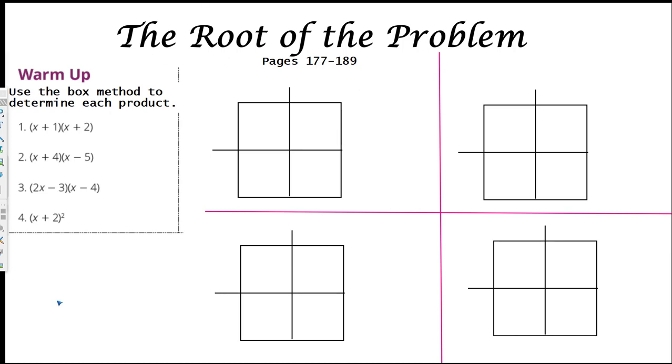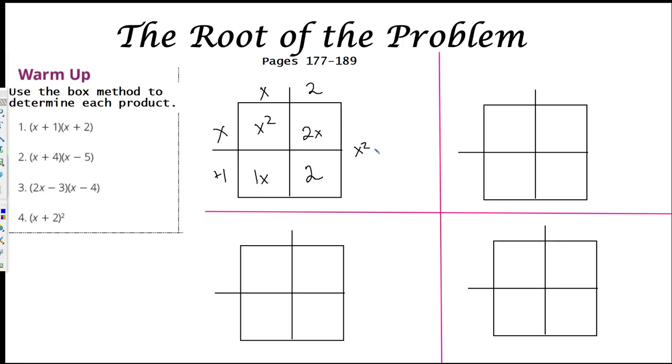And so when we're working our way in, on this first one, we have the x plus 1 and the x plus 2. When you multiply that corner, what'd you come up with? x squared. And then we had 2x and 2.